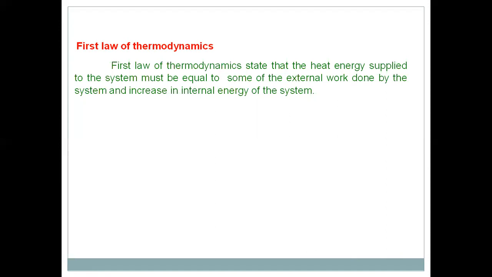So the total heat energy supplied to the system is equal to the sum of the external work and the increase in internal energy of the system. This is called the first law of thermodynamics.